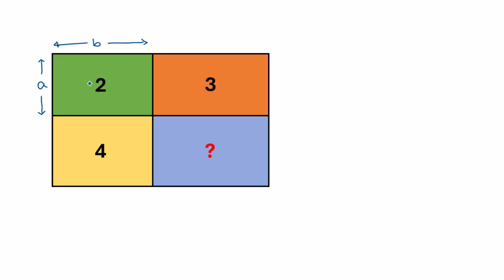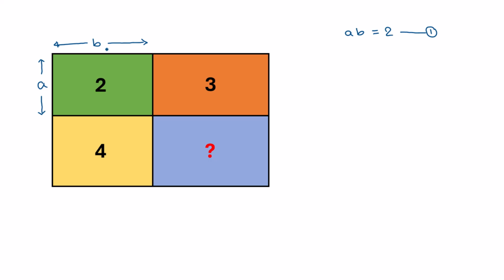So the area of this rectangle will be length times width, which is A times B. And we have given the area is 2 square unit. So we can write AB is equal to 2, because AB is the area of this rectangle and we have given this as 2. Consider this as equation number 1.